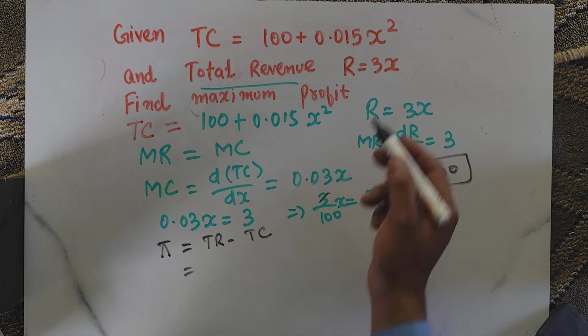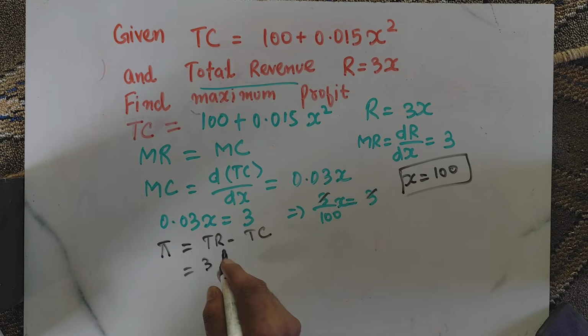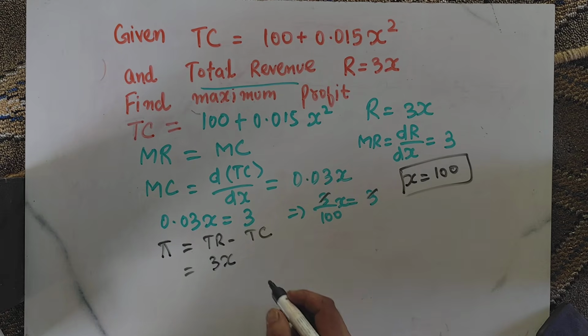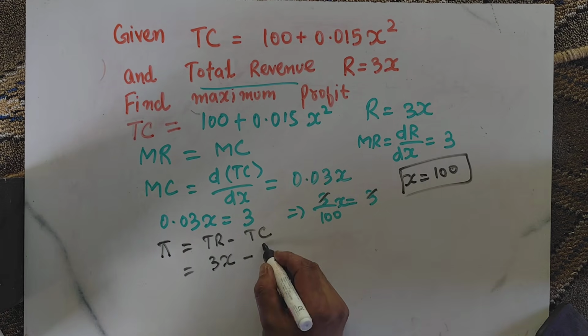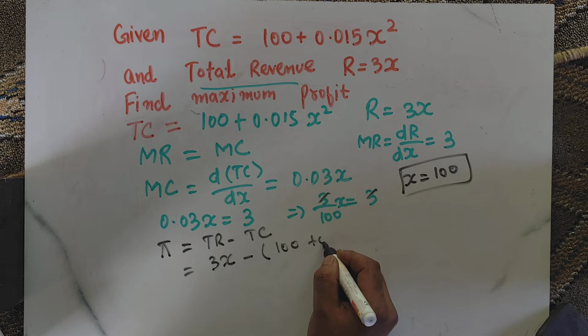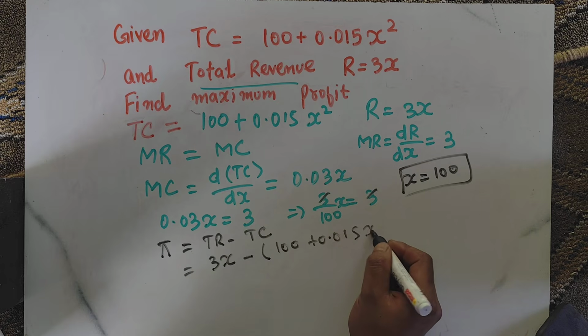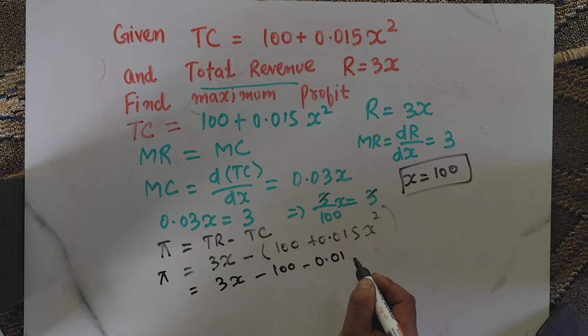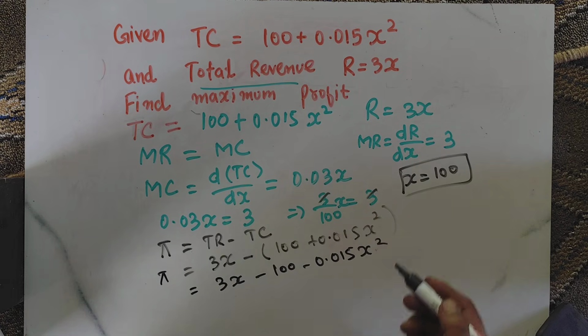Total revenue is 3x, to this we subtract the total cost, which is given as 100 plus 0.015x square. So we get 3x minus 100 minus 0.015x square. To find out the maximum profit, plug x is equal to 100 in this equation.